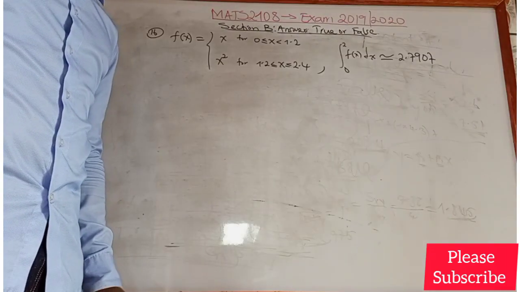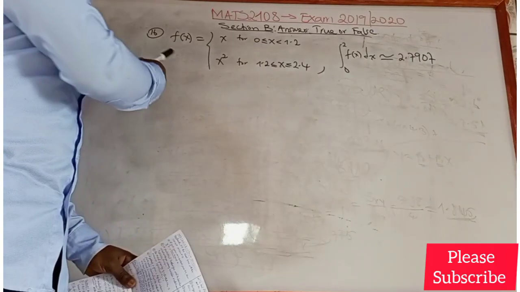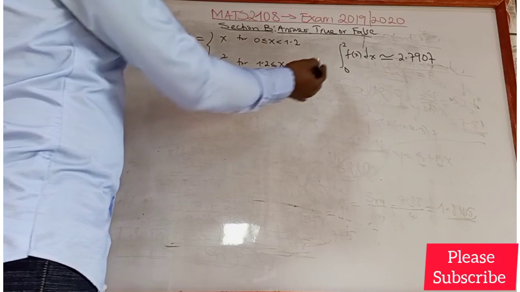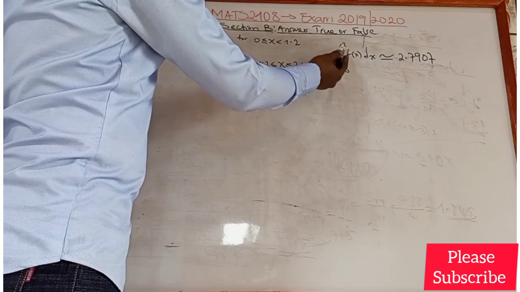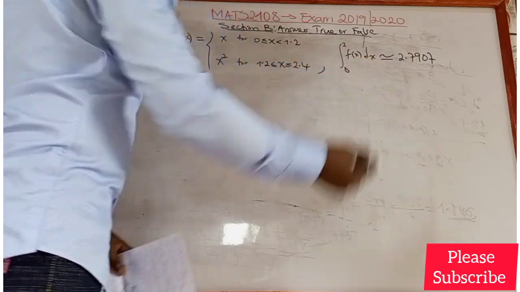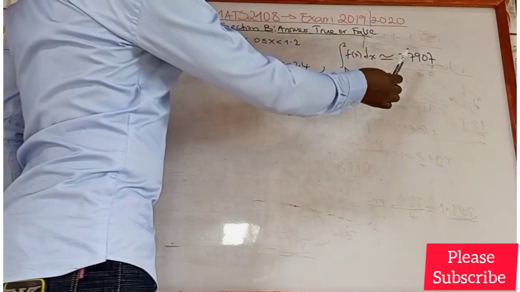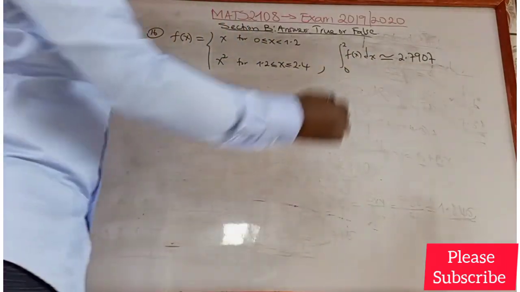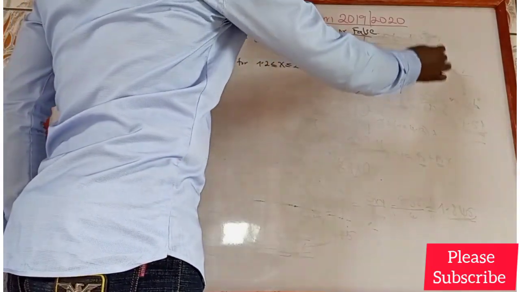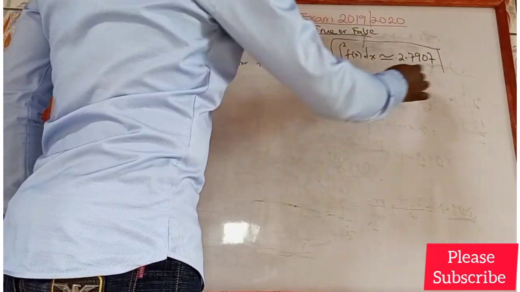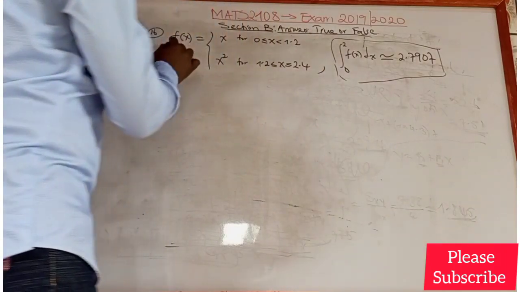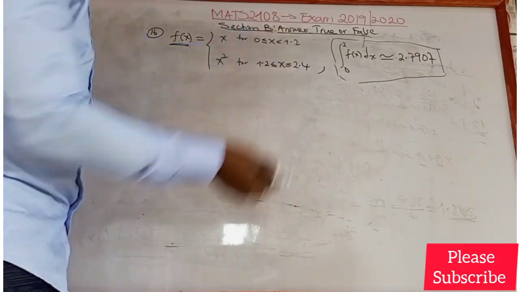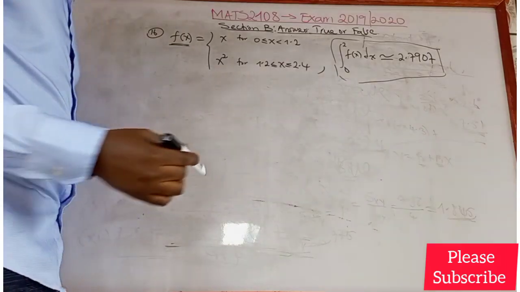Question number 16. Question number 16 tells us that f of x is defined this way. The integral from 0 to 2 of f of x is most nearly equal to 2.7907. Well, to verify if this statement is true about the integral of this function, we simply need to integrate this function and check if it gives us that answer.